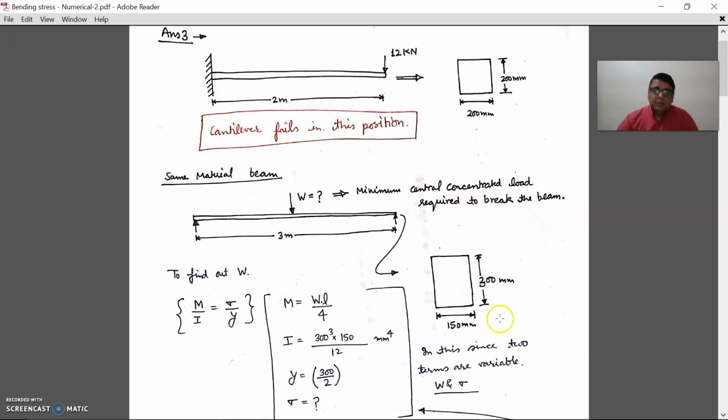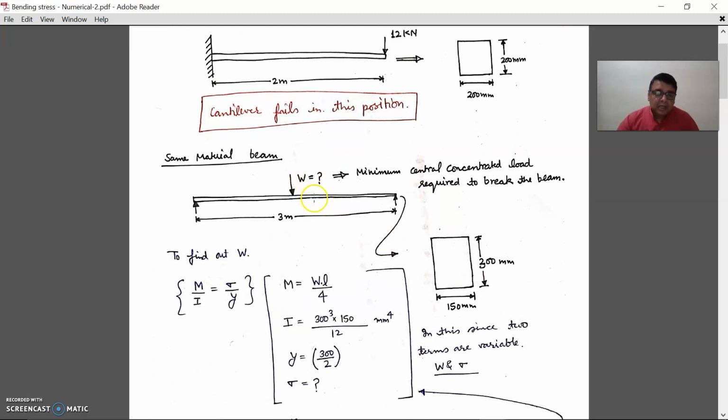So ultimately in this numerical, you have to find the value of this W, the minimum central concentrated load required to break the beam. That's what you have to do. Okay, so let us try to find out how to solve this numerical.